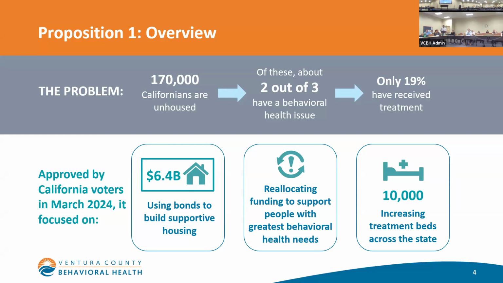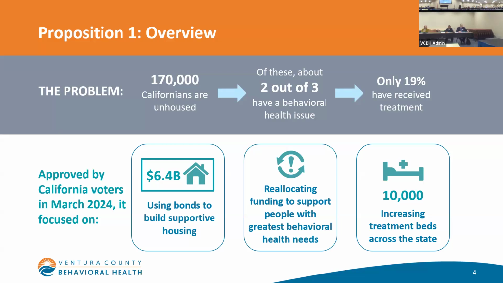Proposition 1, the one that passed in March of 2024, passed by a reasonably narrow margin, and was put forward as a strategy by the state to address a few challenges: homelessness, particularly chronic homelessness, limited access to treatment and care, and insufficient housing for people with behavioral health needs.